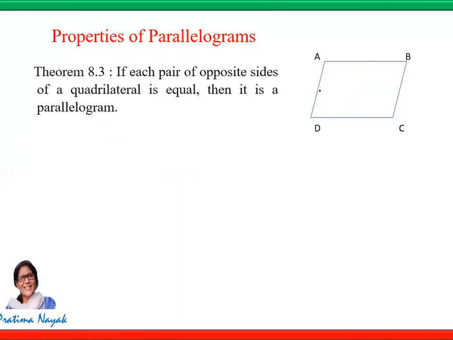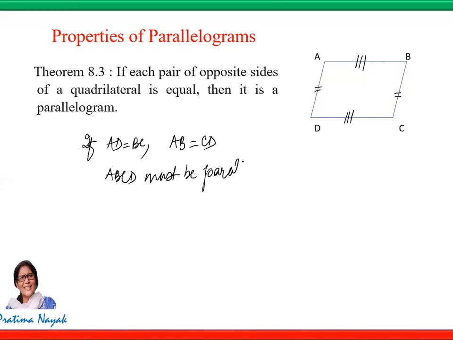Here, if opposite sides are equal, given that BC is equal to AD and AB is equal to CD, then we have to take that ABCD is a parallelogram. So you can remember this is condition 1 for a quadrilateral to be a parallelogram: opposite sides are equal.